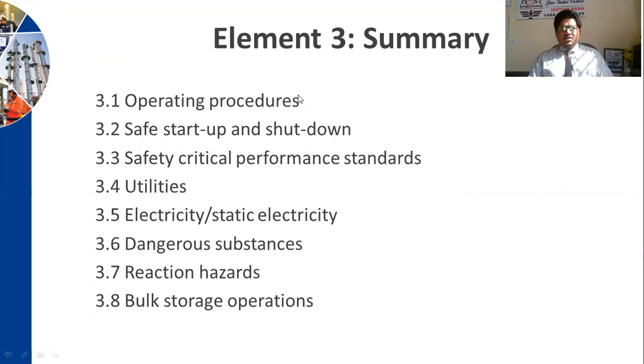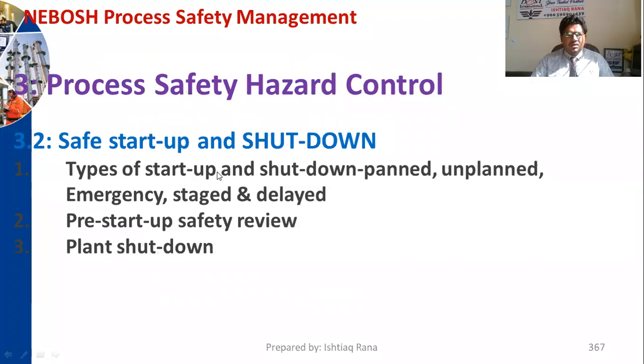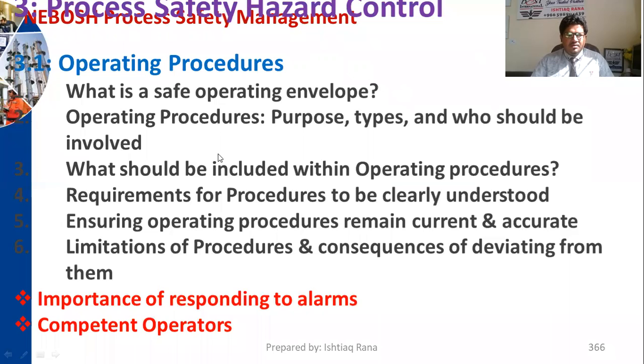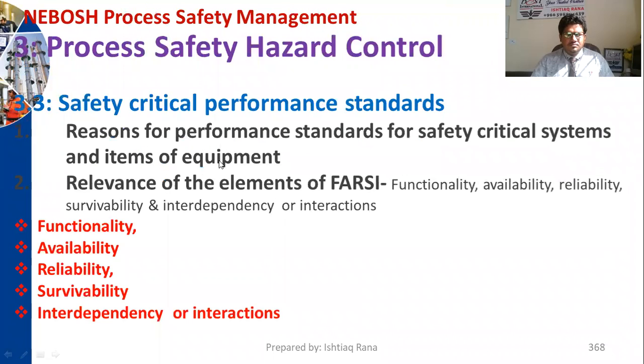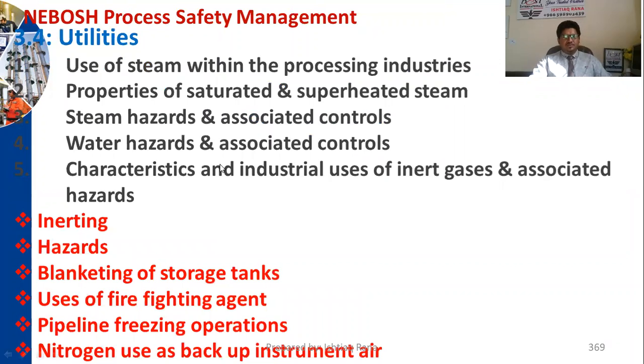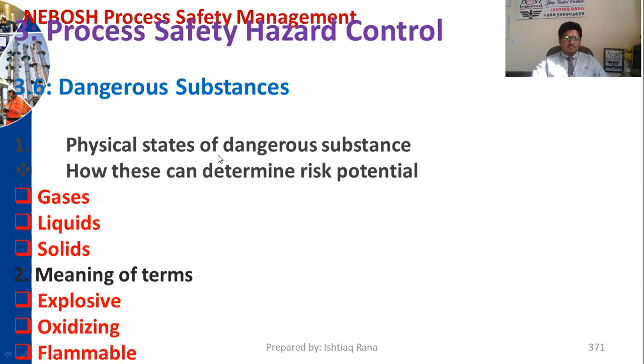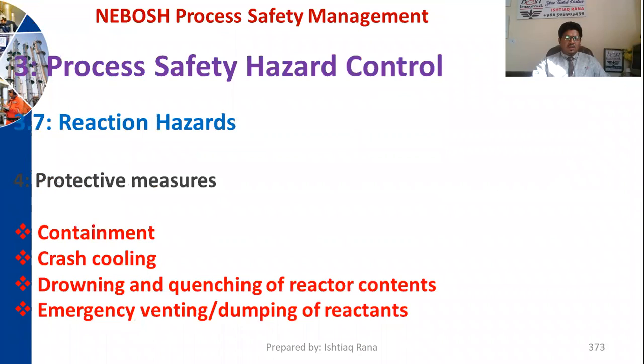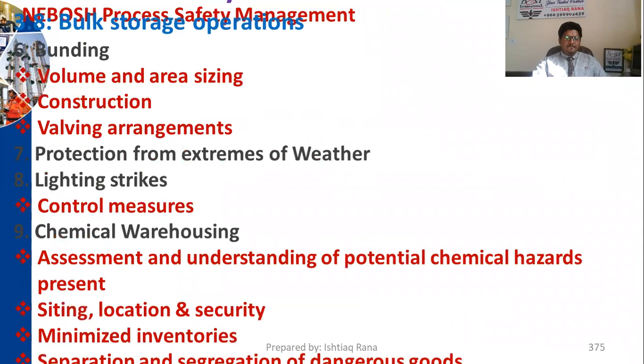So that was all about Element 3, guys, of process safety management on the NEBOSH qualification, one of the most important qualifications, especially for safety professionals, to get in-depth knowledge, technically and logically, and to play their role more effectively. So these are some of the questions or some of the important notes prepared by myself.